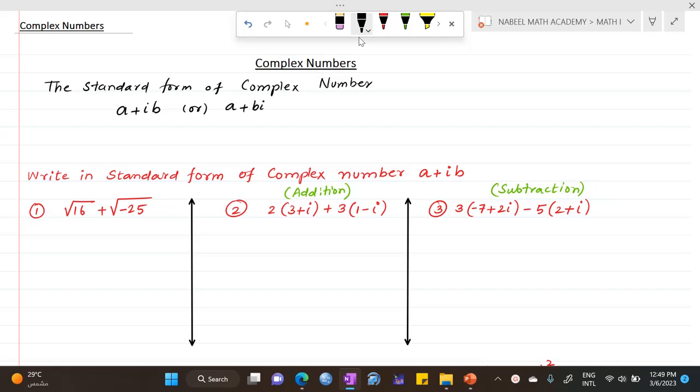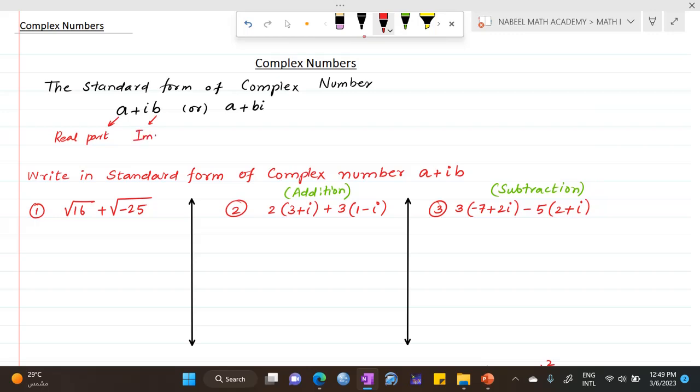Both are the same form, where a and b are real numbers. A is called the real part of a complex number, and b is the imaginary part of a complex number.